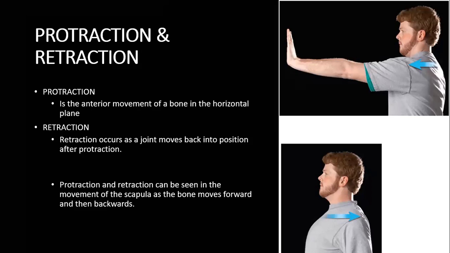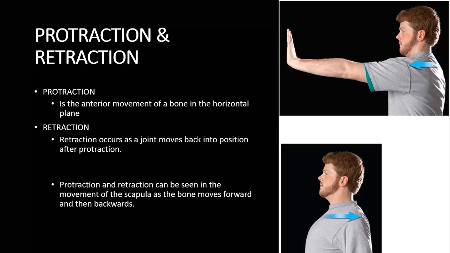Protraction and retraction. You will usually see this in the arms, all right, and the shoulder. It's the scapula that performs this motion. When we protract, it's the anterior movement of the bone. So if you were to hold your arm straight out, and what I want you to do is just move your arm a little bit forward and a little bit back, like you're going to punch something, a little forward and a little back.